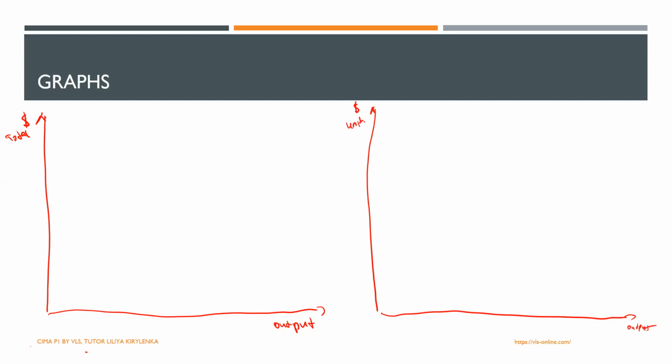And let us have a look. What if we have fixed costs? How will it look here? So fixed cost is going to be the same regardless of the output, so it's going to be like that. But actually, we already said that fixed costs take steps.